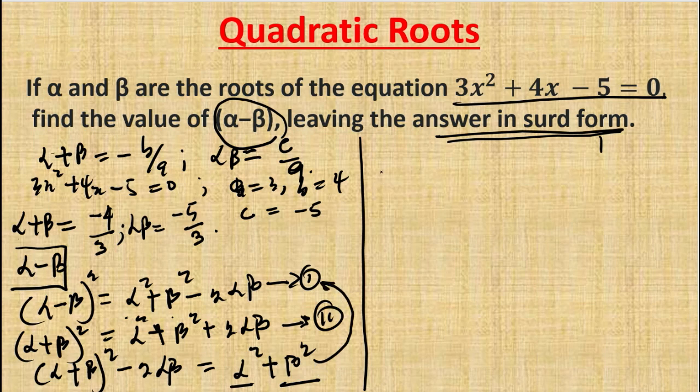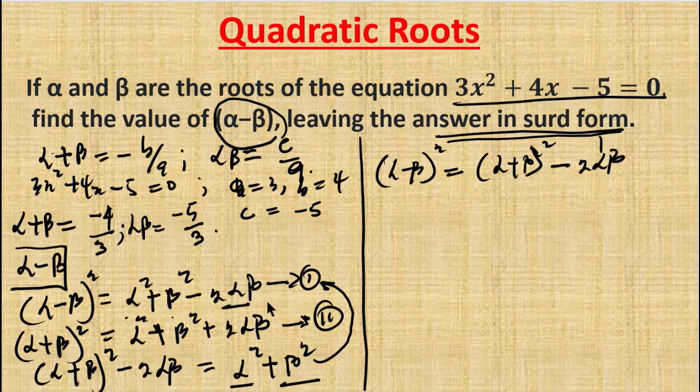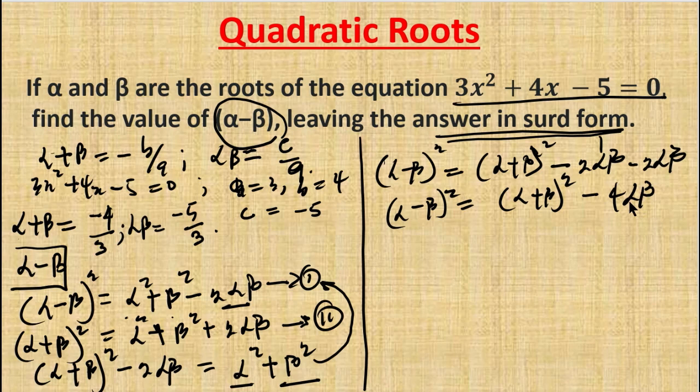So that my alpha minus beta all squared will now be the same thing as alpha plus beta all squared minus 2 alpha beta, then minus 2 alpha beta. So that alpha minus beta all squared will now be the same thing as alpha plus beta all squared minus 4 alpha beta.